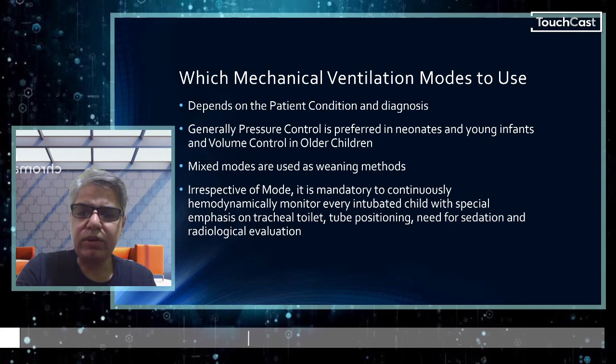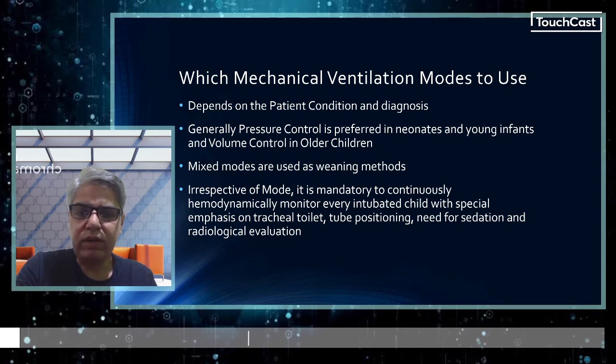It's also very important that a child who's been kept on mechanical ventilation has regular tracheal suctioning to clear any mucus secretions inside the respiratory tree. Checking the tube position is very important because tubes can dislodge. They can go into the right main bronchus. They can get kinked.